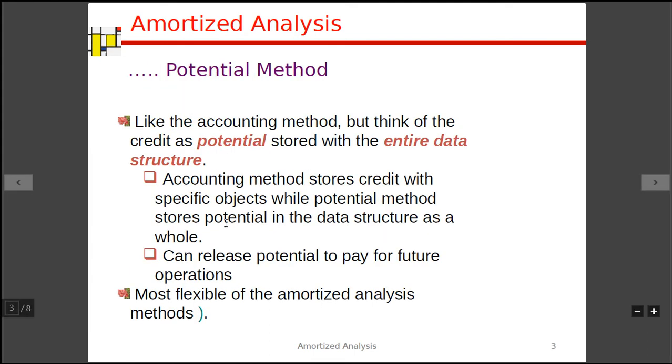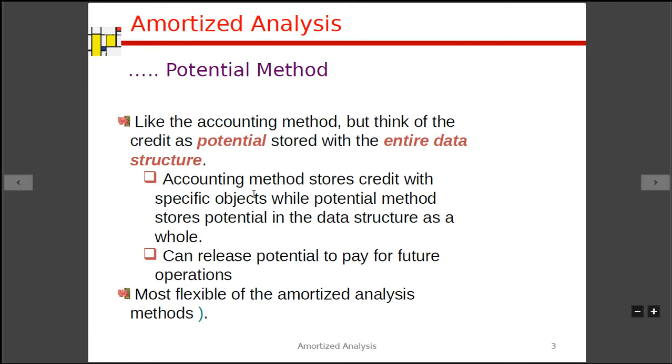Let us try to understand the potential method in more depth. It is like the accounting method, but think of the credit as the potential stored with the entire data structure. So thinking of it as credit means how much potential a particular transaction can have. Let us try to understand the basic difference between the accounting method and the potential method.